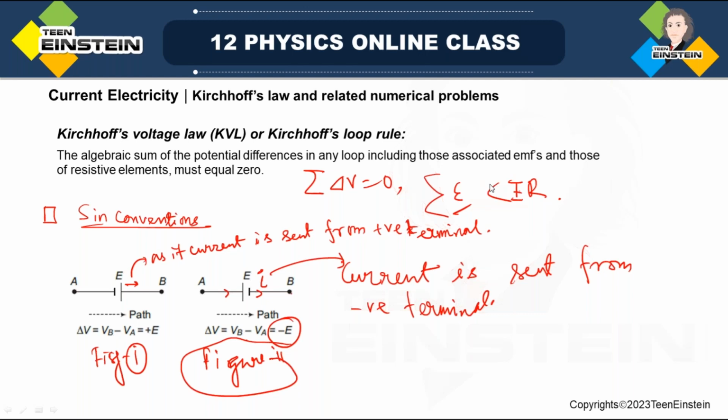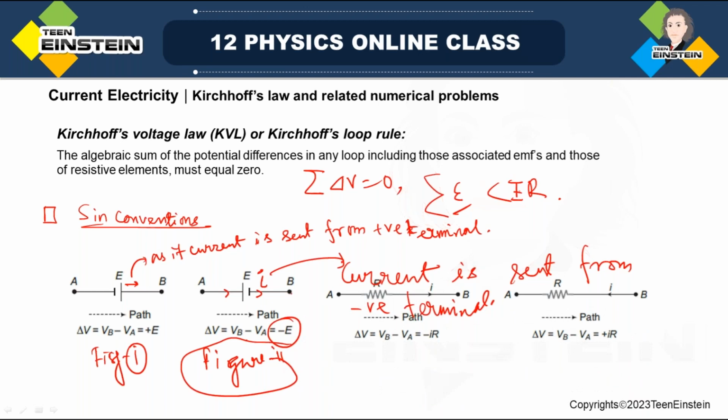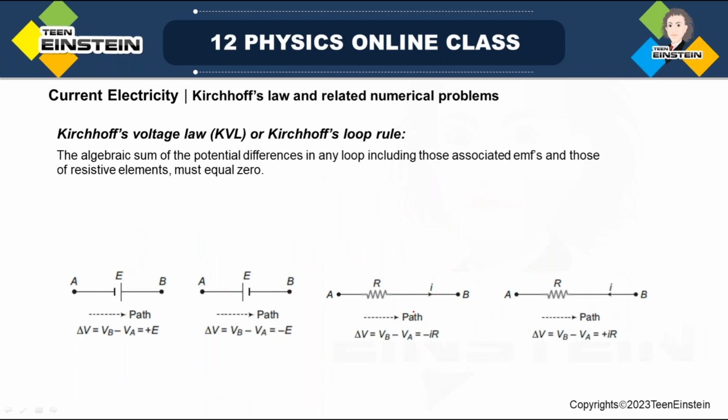So let us see. First of all, let us see how to proceed with this kind of problem, or Kirchhoff's law problem. How to proceed? Okay, I have got some more sign conventions over here.